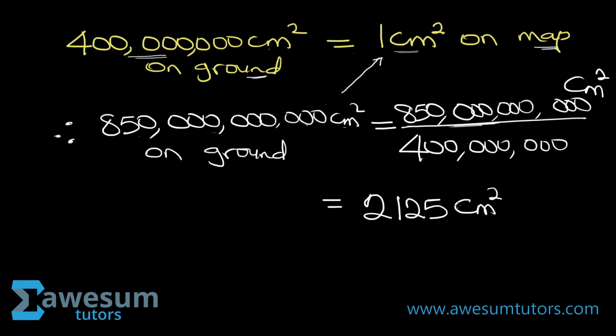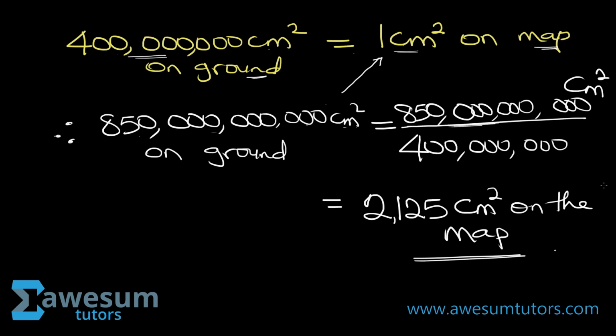So that means that 850 billion centimeter square on ground measures 2125 centimeter square on the map. That is your final answer.